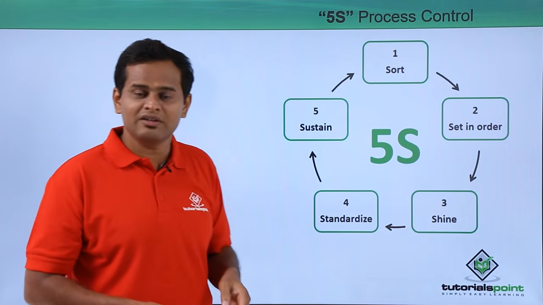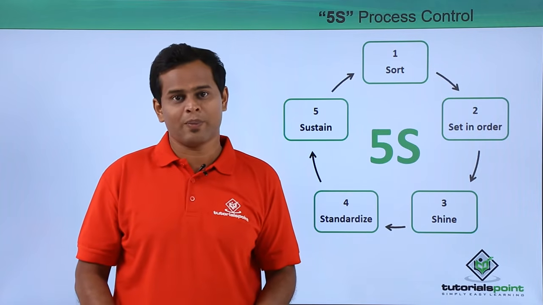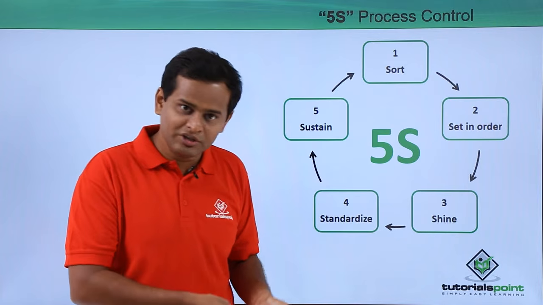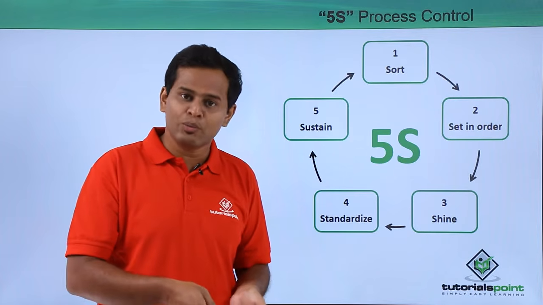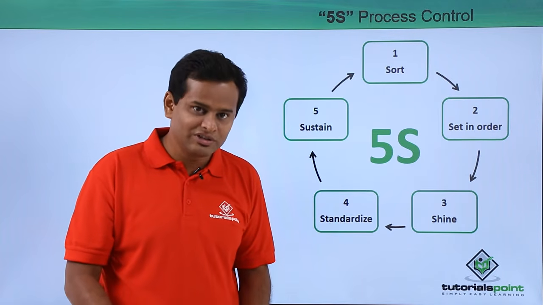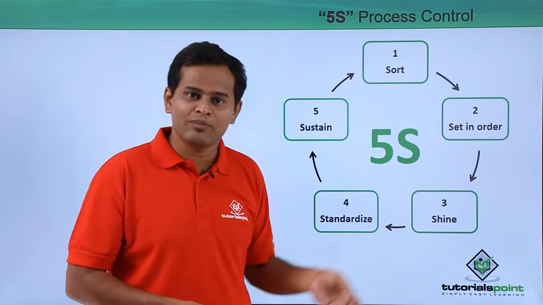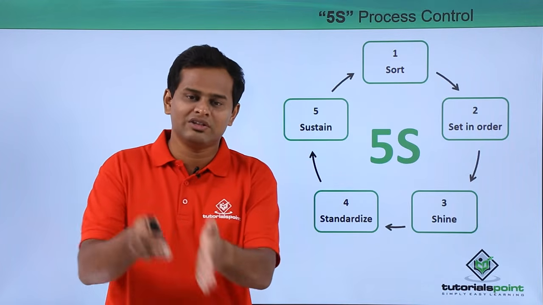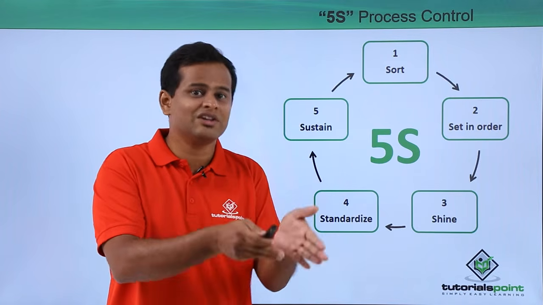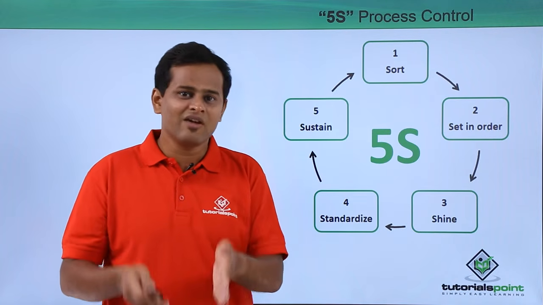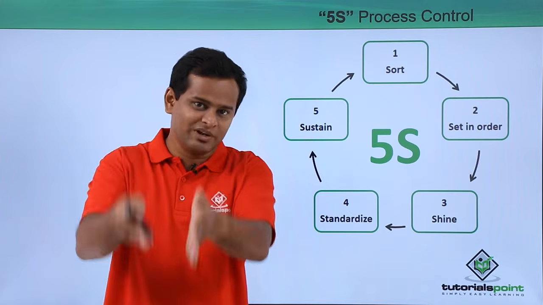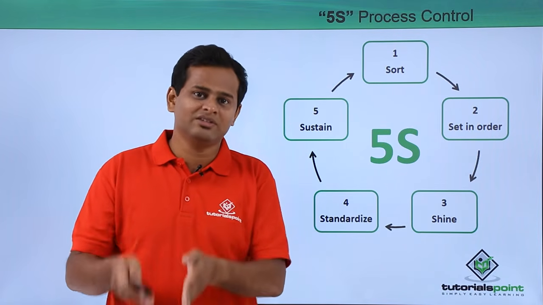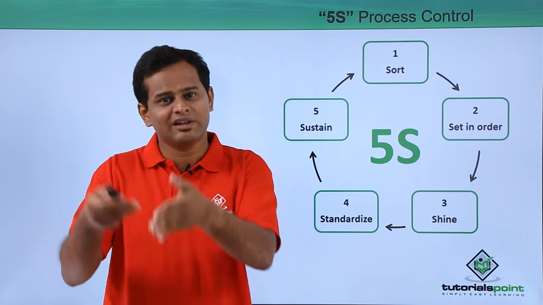Then we will understand the 5S principles. In that, the first step is sorting, where we remove the unwanted materials, and the second step is set in order. Whatever we need, we set in the proper order where it is really required. Everything will be put in its place, and after that we need to shine them, that means we need to clean them daily.